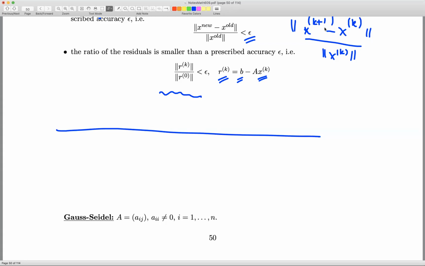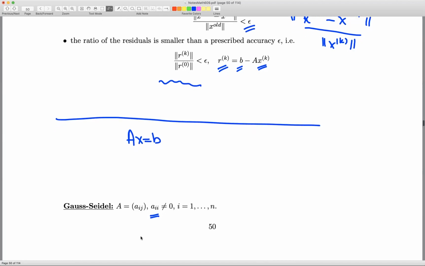And we start again with the matrix A, which was the matrix associated to the system AX is equal to B. The same as with the Jacobi method, in order for the Gauss-Seidel method to work, we would require that the elements on the main diagonal are different from 0. If they are not different from 0, then we can rearrange the equations of the original system so that we make them nonzero.